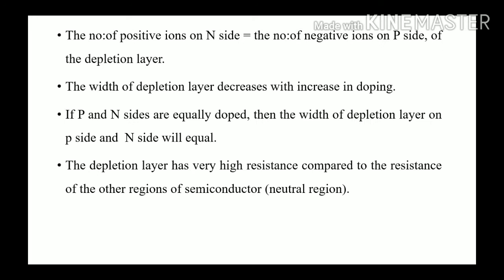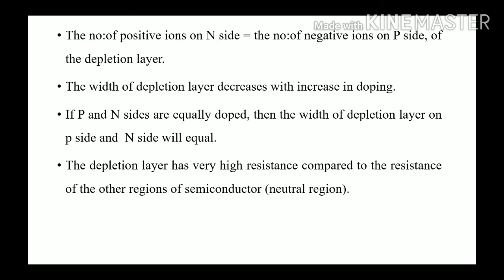Now let's see some important properties of the depletion layer and then we can move to the diffusion process. In the depletion layer, the number of positive ions in the N side is equal to the number of negative ions on the P side. The width of the depletion layer decreases with increase in doping.